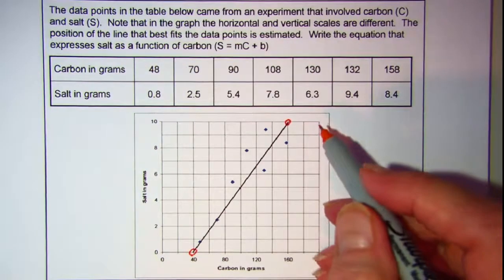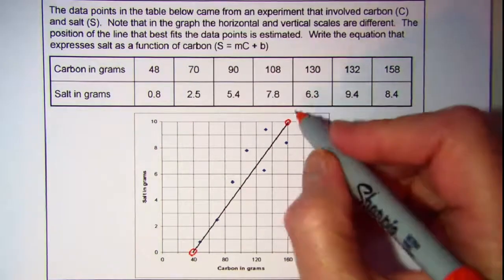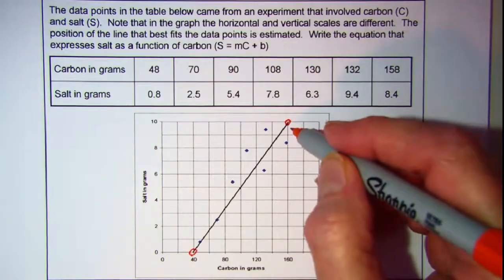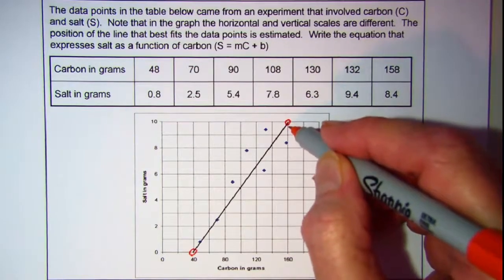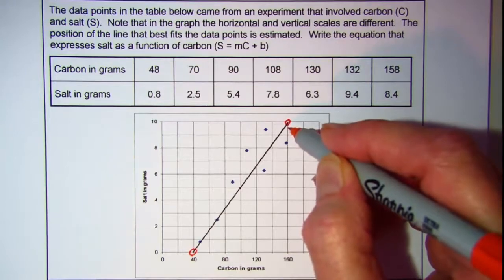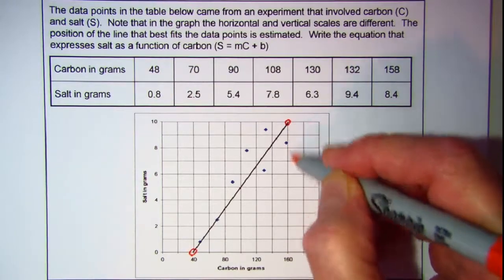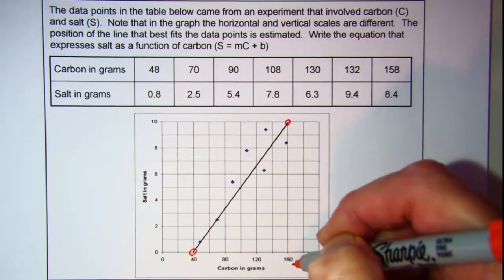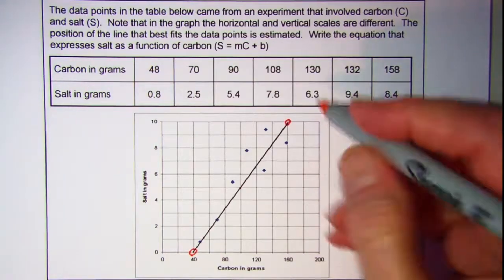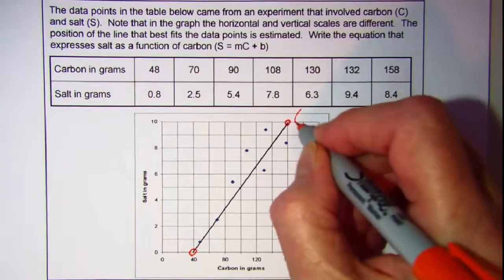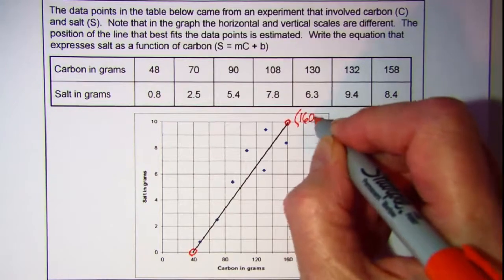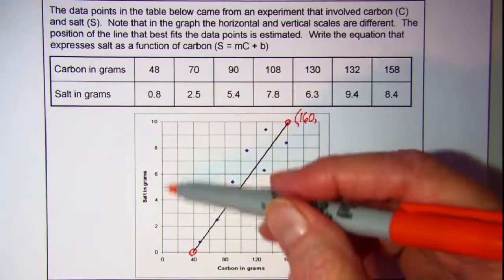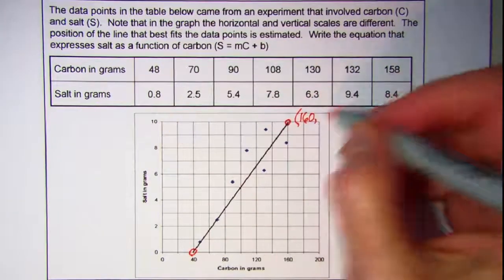Alright, so we picked our 2 points. We want to write the coordinates of those points down so that we can use them for step 2. So this point has x coordinate of 160 and a y coordinate of 10.